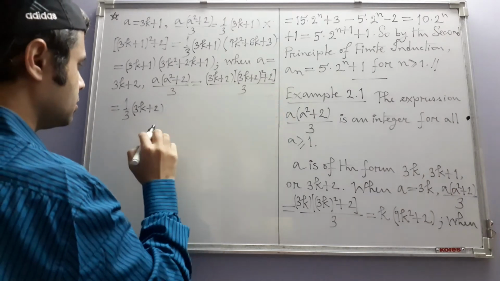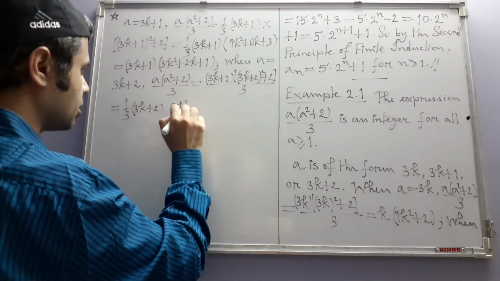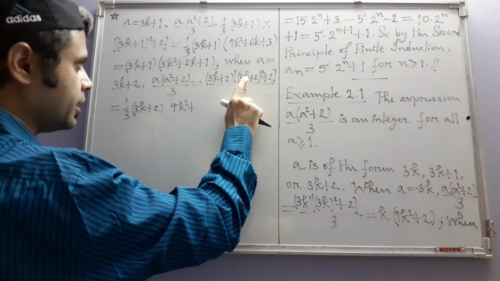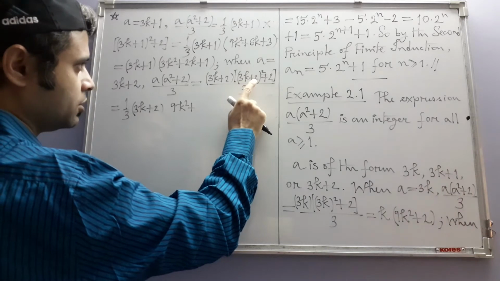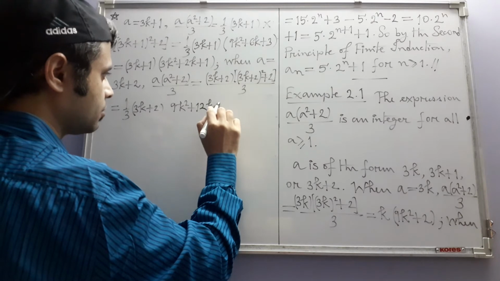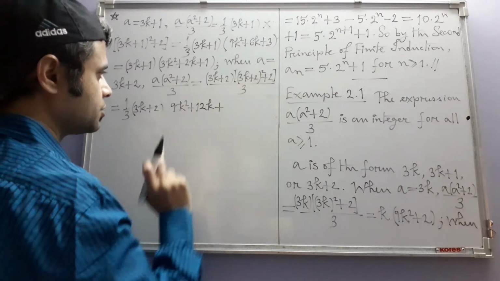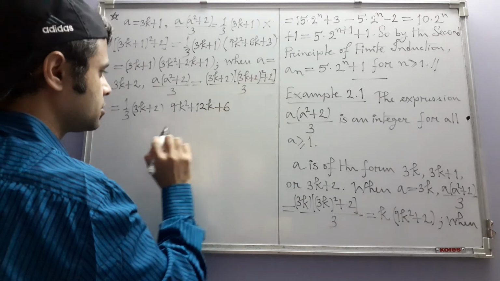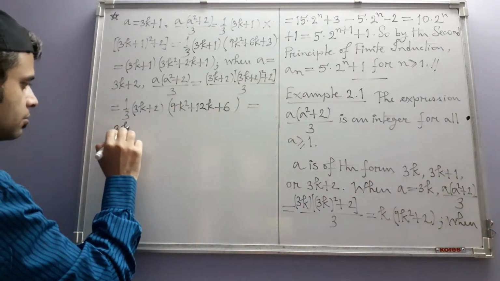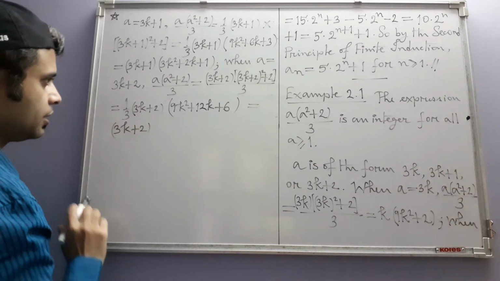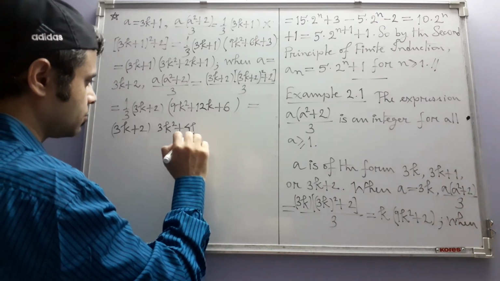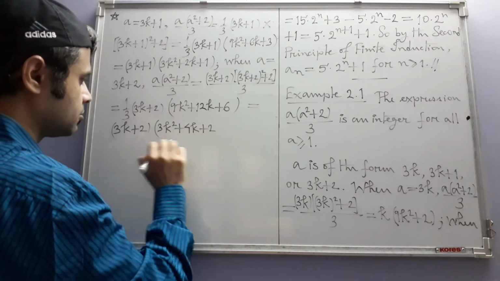Okay, in this case, this factor becomes 9k square plus 2 times 3k times 2. 2 times 2 is 4, 4 times 3 is 12, k plus 2 square is 4, 4 plus 2 is 6. So this is again equal to an integer, 3k plus 2 times 3k square plus 4k plus 2.